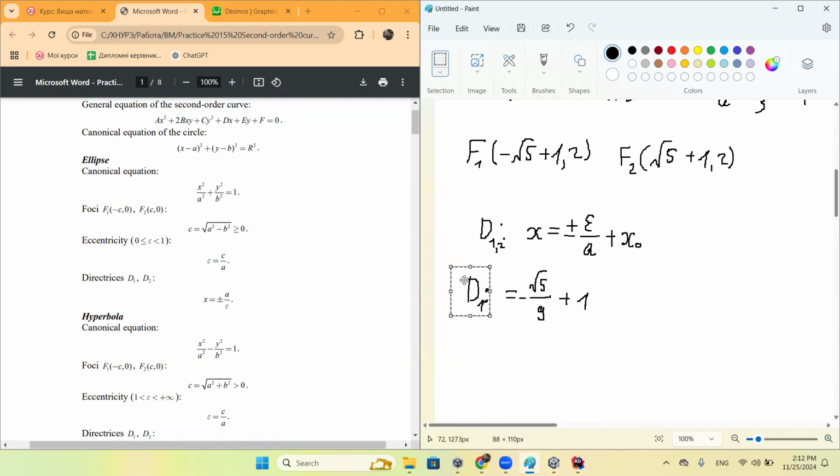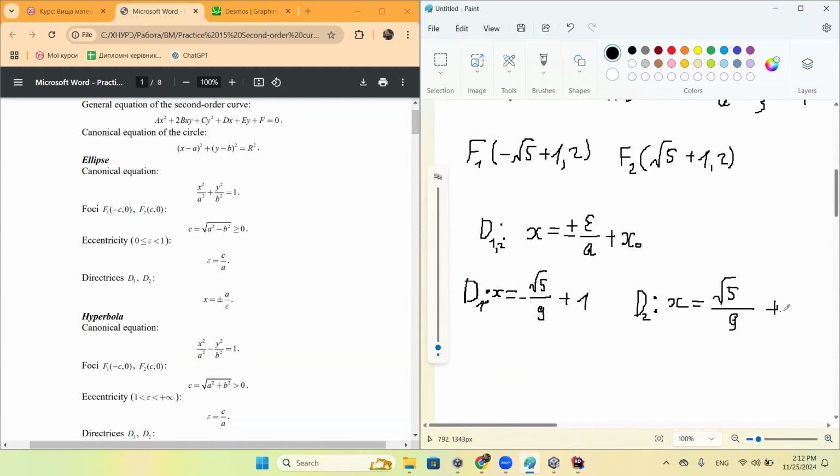So D1 is the following, x equals this, and D2 is x equals square root of 5 by 9 plus 1. So we found all characteristics. Any questions?